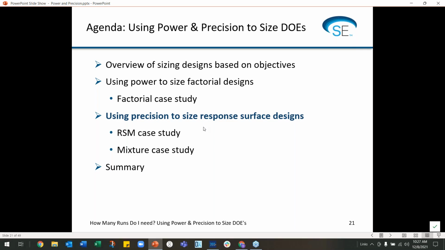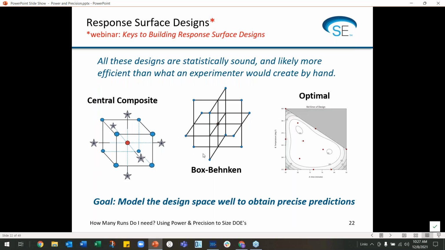Now let's shift our emphasis here to looking at precision to size response surface designs, which includes mixture designs. So I have an example of each. Now, with response surface designs, there's a variety of designs you can use. There's a webinar, Keys to Building Response Surface Designs, that I would refer you to if you want more information on these.